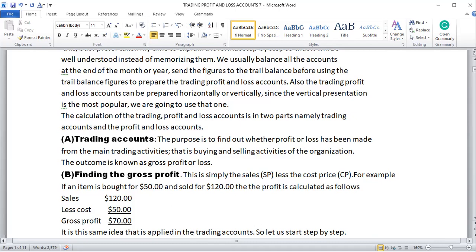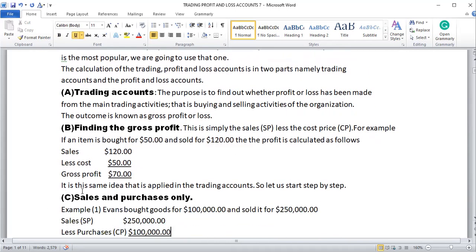You take the sales, which is the selling price, then you deduct the cost. So the example I've given here: if an item is bought for $50 and sold for $120, how do we get our gross profit or loss? We take the sales $120 and deduct the cost $50, so that we arrive at a gross profit of $70.